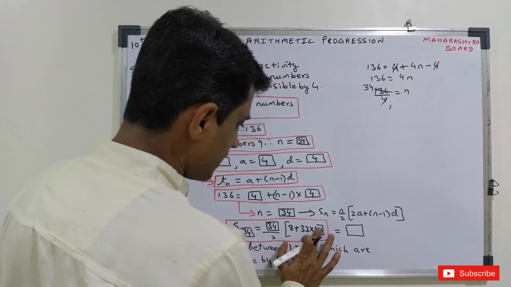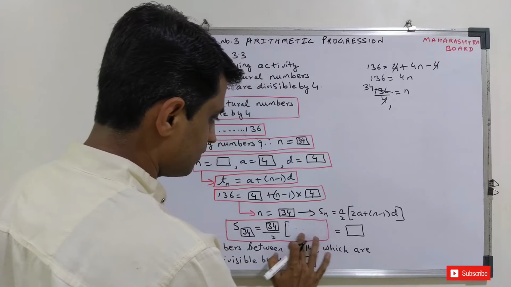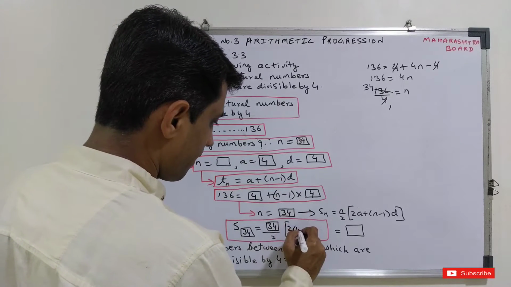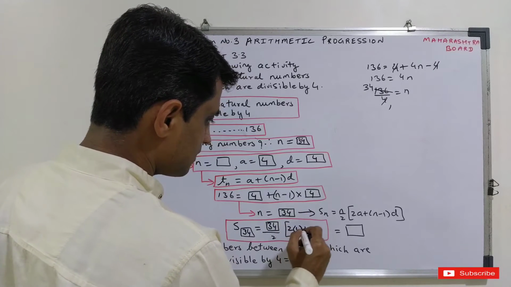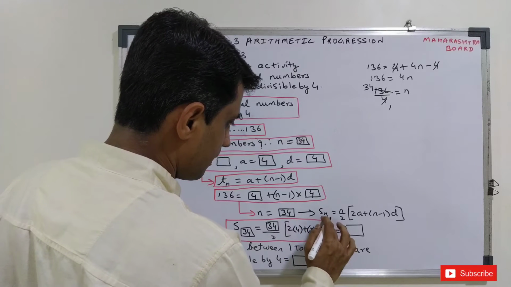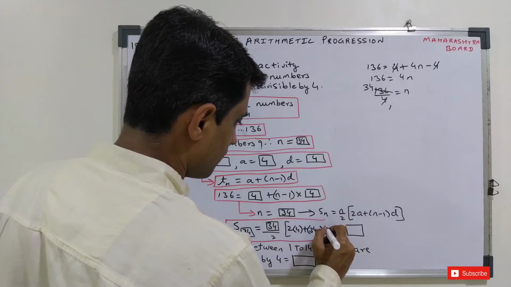Now we have to solve this. Or you can write it this way in full form and then solve it. 2 into a is 8, plus 34 minus 1 into d. Our d is also 4.